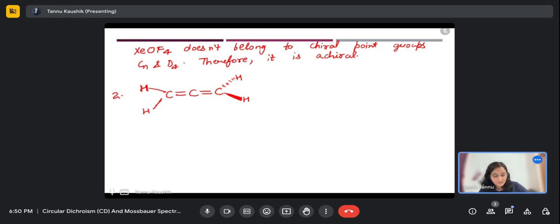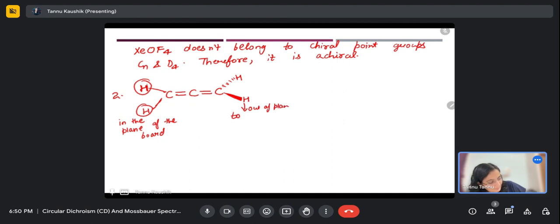So we have to find out these two hydrogen bonds are in plane of the board, and this hydrogen is out of plane and towards the observer.